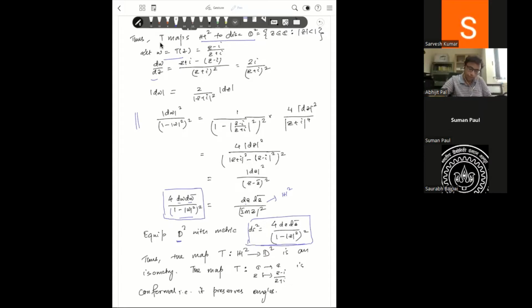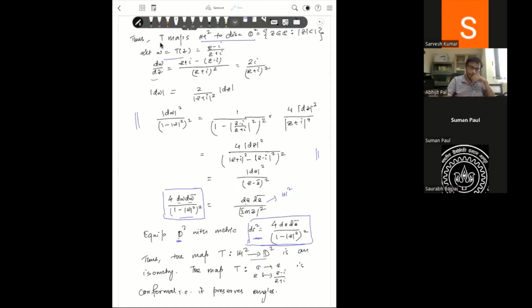Once you put this metric on the unit disk, what we have shown is that this map T from the upper half plane to the disk is an isometry. It also preserves angles because it is conformal. This is just a Mobius transformation, so it is conformal and preserves angles.